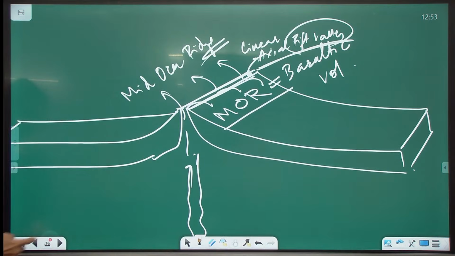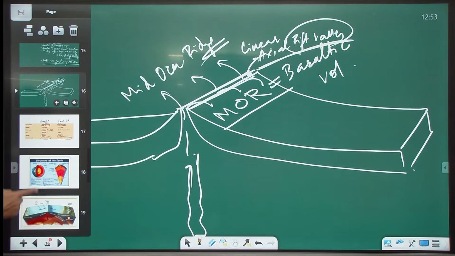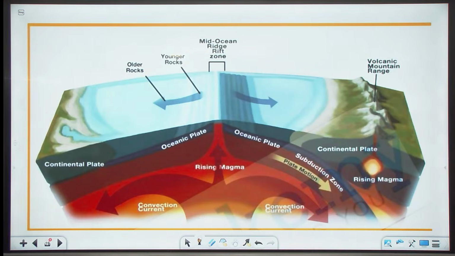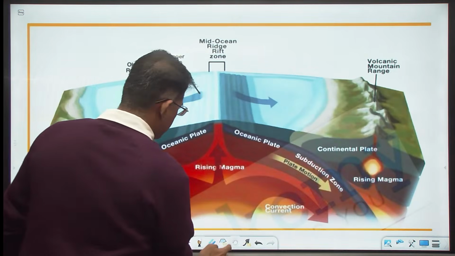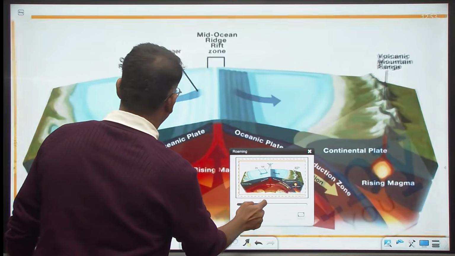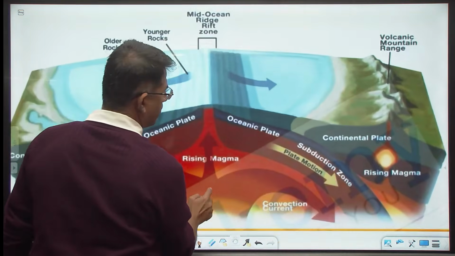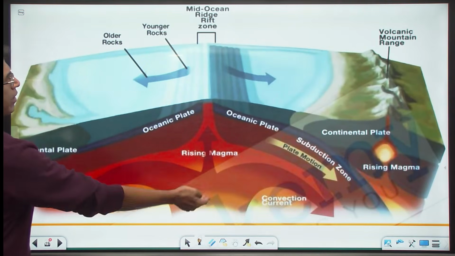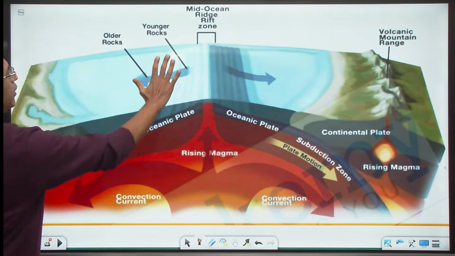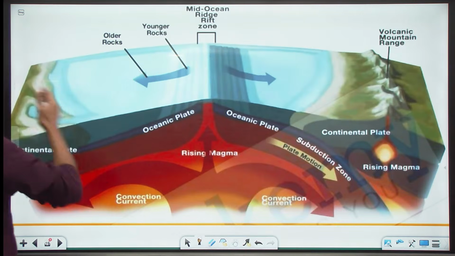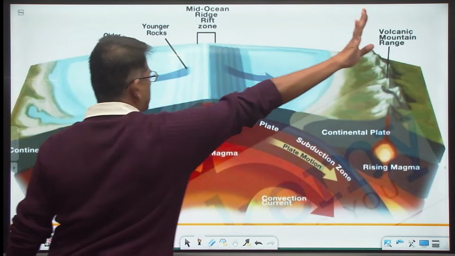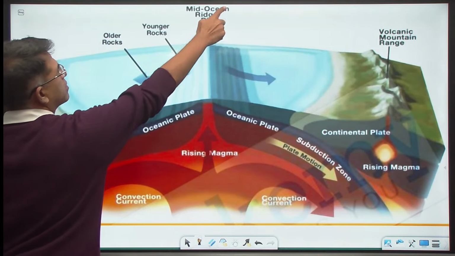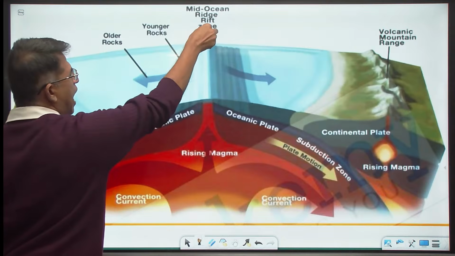So, if you have this diagram, can you all see this here? Okay. So we have rising magma coming out here. The ocean is pushed like this, the ocean pushed like this, and this comes out and piles up here. It says mid-ocean ridge zone, and there's a rift valley here.